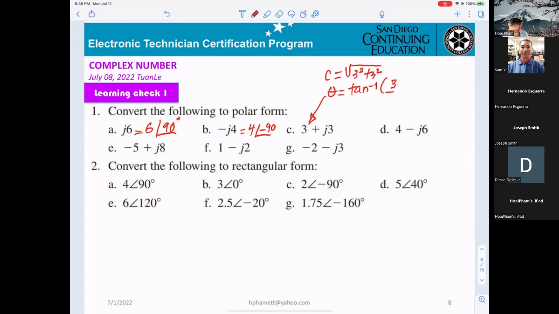It's 1. That would be 45 degrees. So 3 squared is 9, 3 squared is 9, 9 and 9 is 18. So it's the square root of 18, and then 3 over 3 is 1.